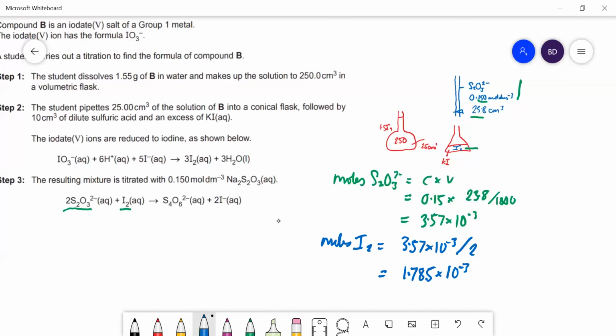Right, now if we look at this equation here, 1 mole of iodate gives us 3 moles of iodine. So to find out the moles of iodate in 25, don't forget, is equal to this number divided by 3.